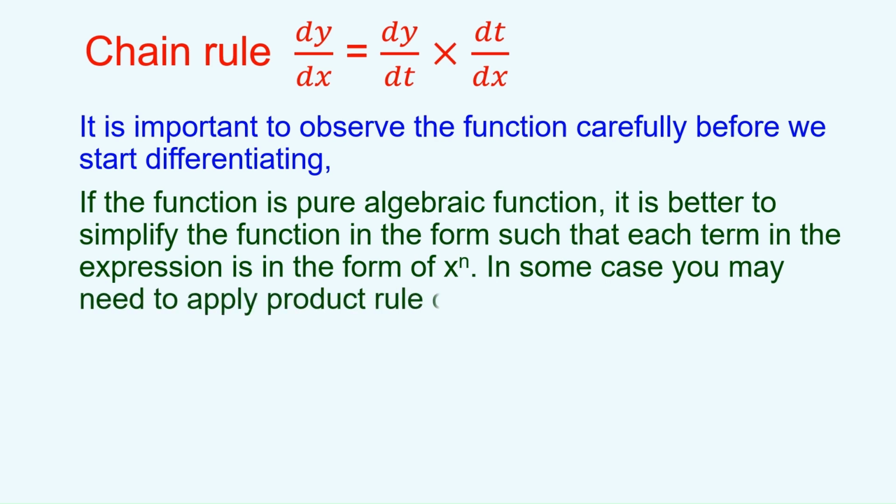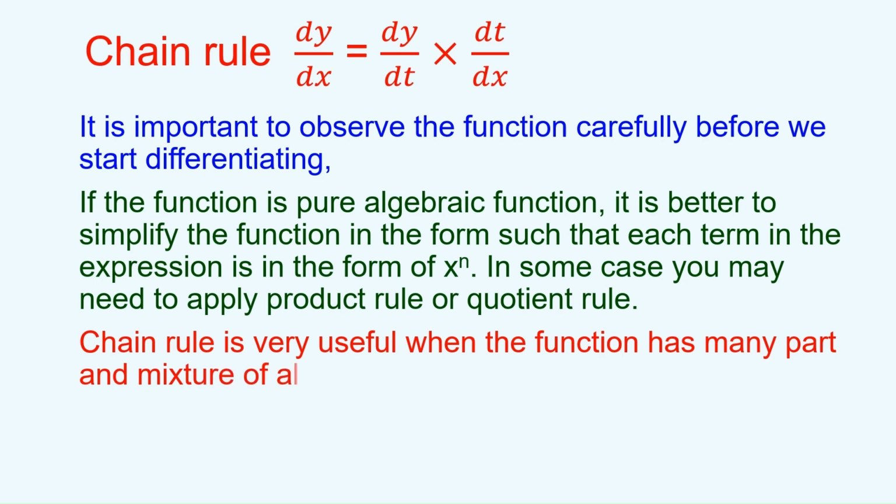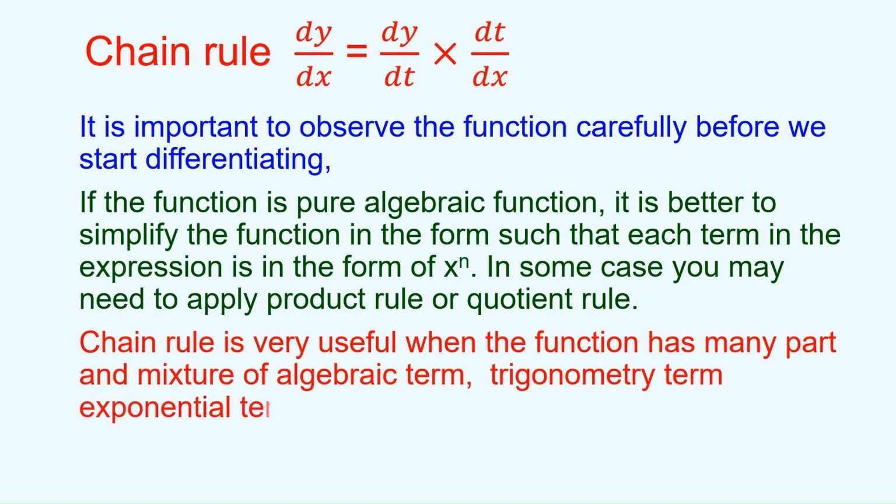In some cases, you may need to apply the product rule or quotient rule. The chain rule is very useful when the function has many parts and a mixture of algebraic terms, trigonometric terms, exponential terms, etc.